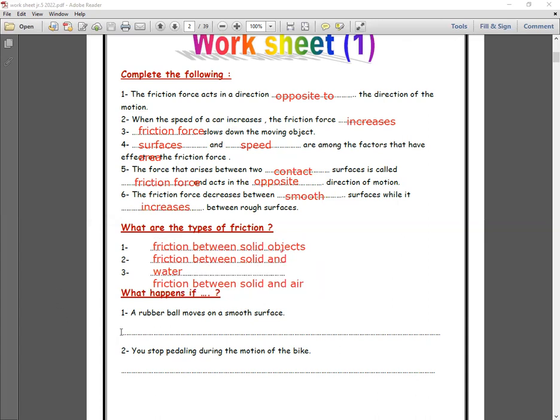What happens if a rubber ball moves on a smooth surface? So the friction force decreases, so it moves for a long distance, or a longer distance.